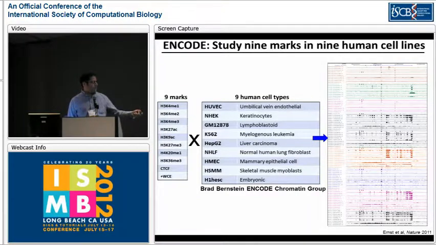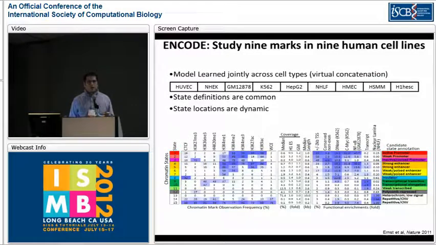We used a similar modeling approach as you saw before for the single cell type, but what we conceptually did was we concatenated each of the cell types to make a genome which is essentially 9 times longer. And what this allowed us to do was have a common set of state definitions across each cell type, but the state assignments across the cell types could be dynamic.